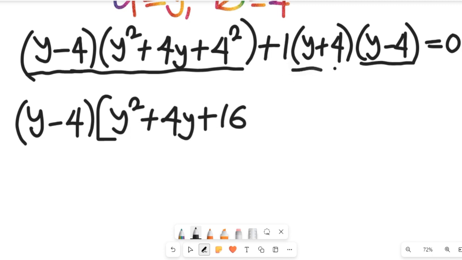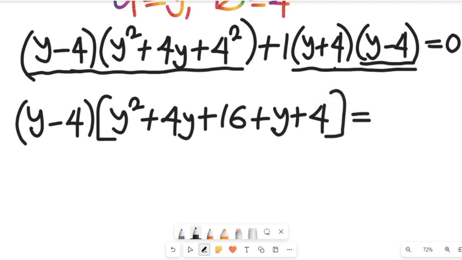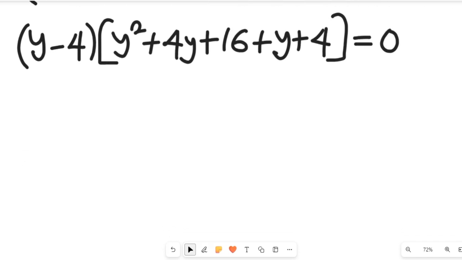Now if we divide this whole part by y minus 4, we are going to have plus y and plus 4 left, and all this will be equal to 0. So what do we have? This whole equation is now going to give us two equations.